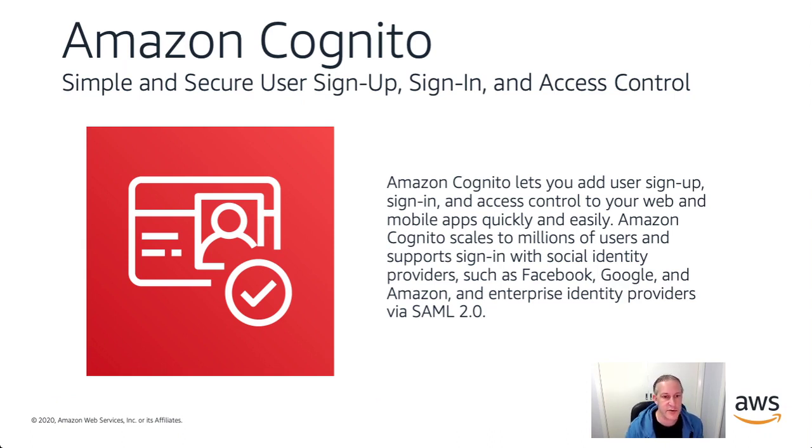Additionally to that, it also has some integration that you can do, such as Facebook, Google, Amazon, and enterprise identity providers via SAML 2.0, such as Active Directory, etc. You can integrate it into mobile apps as well as your web front end.